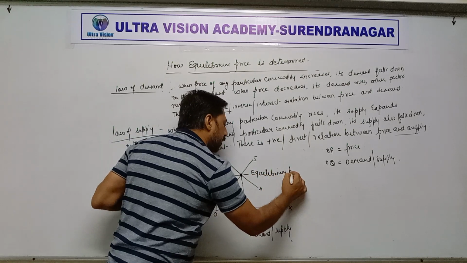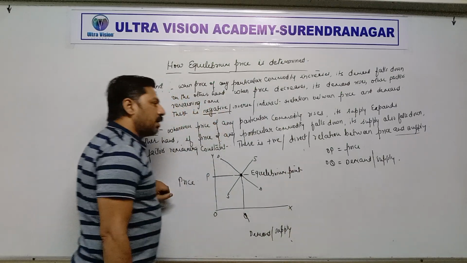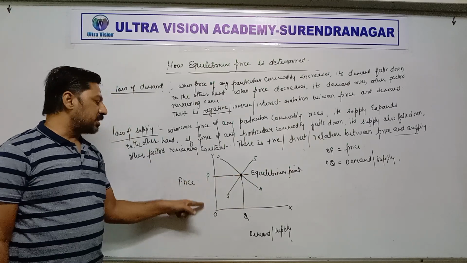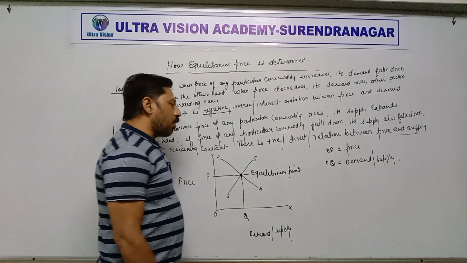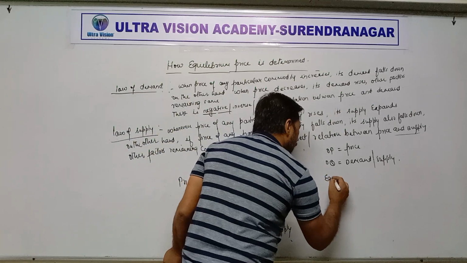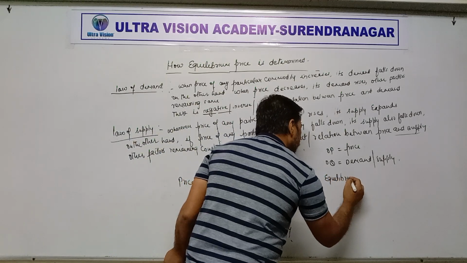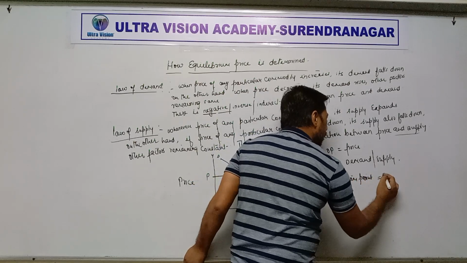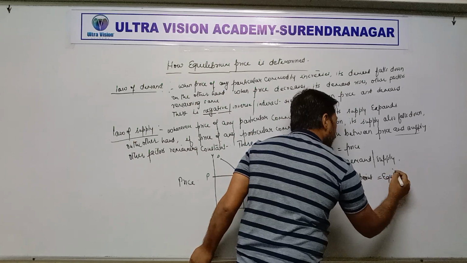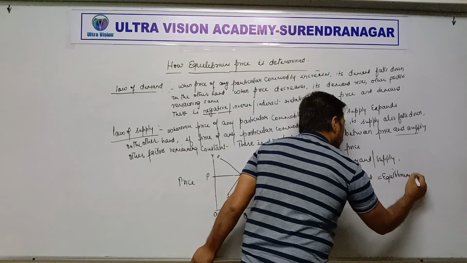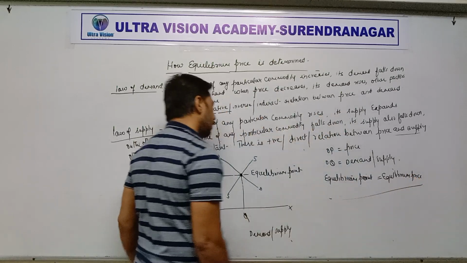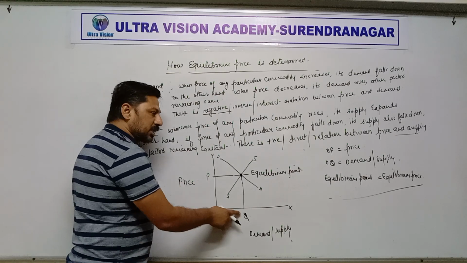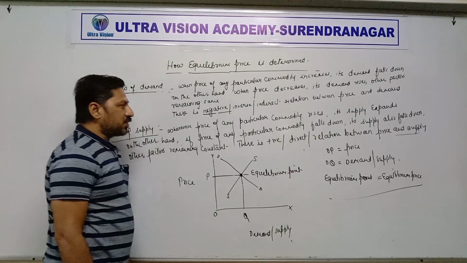At this point, whatever price is there, meaning OP is the price, that is called the equilibrium price. Once again, the price is OP, and demand or supply both are OQ.